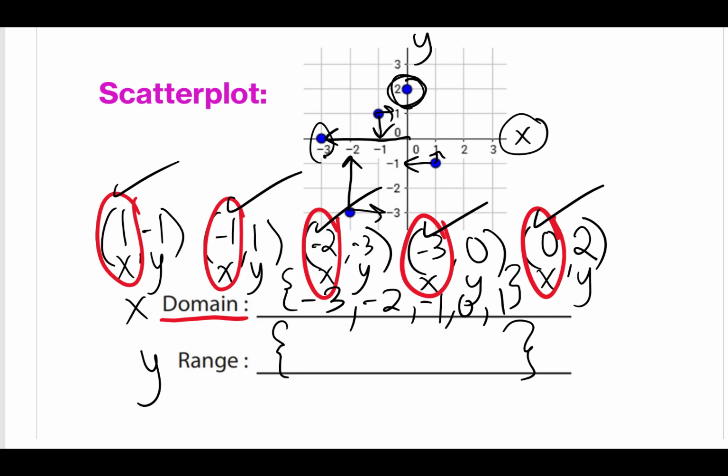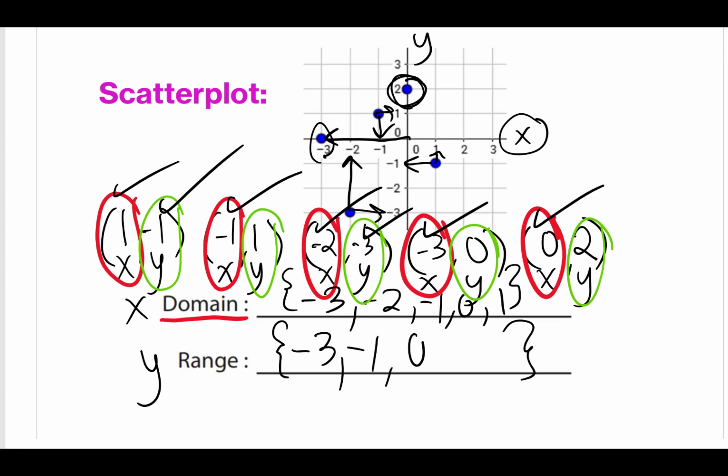Okay, and then for range, I'll do green. So for y, the smallest number is -3, and then it's -1, then 0, then 1, then 2. So that is my domain and range.